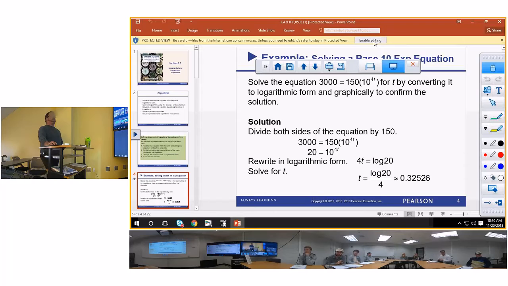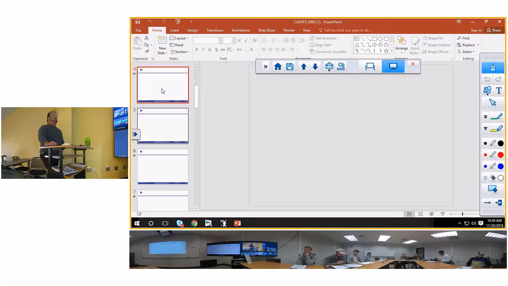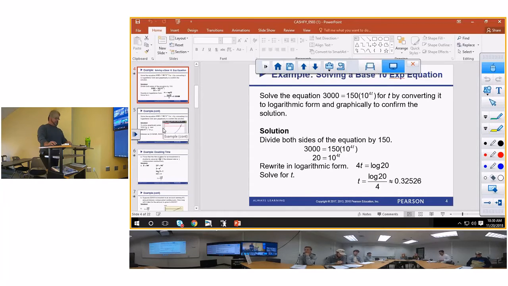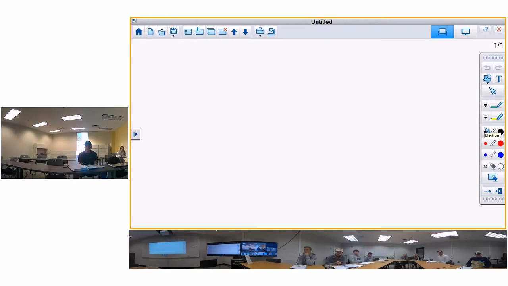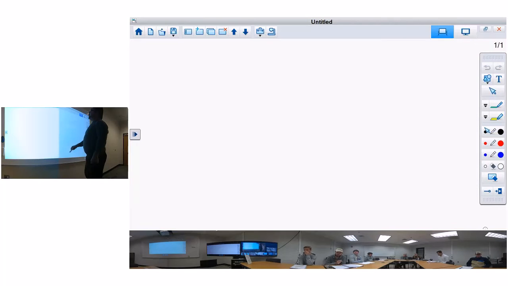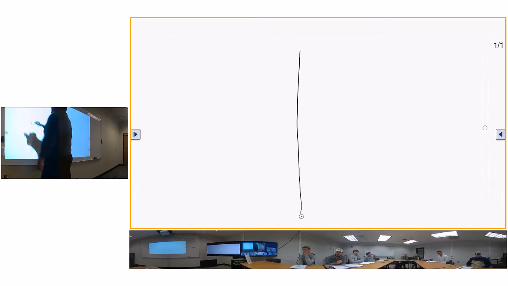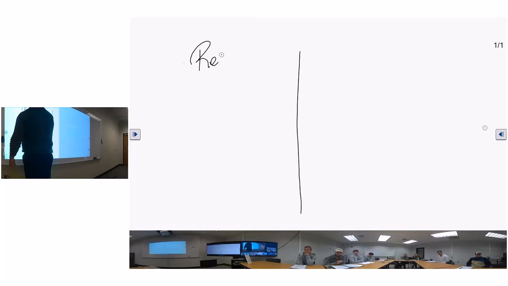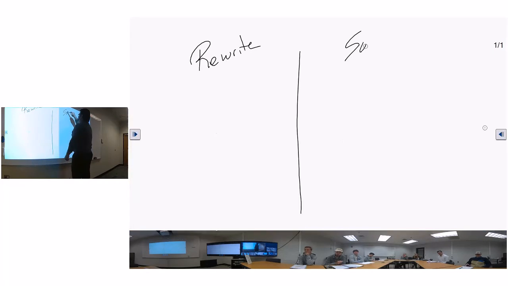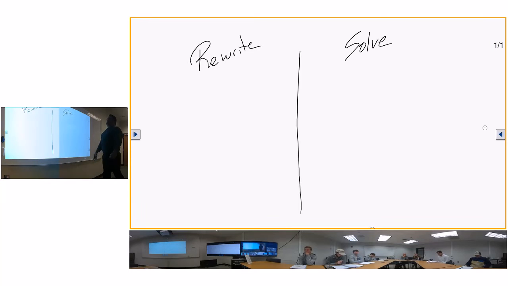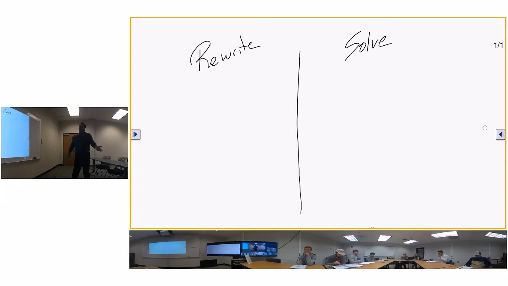That's good. I'm glad. Because equations, I would pretty much say, let me go to the whiteboard, that when you're talking about the logarithm test, you basically got 2 types of questions. You've got the rewrite, and then you've got the solve. The rewrites are the ones we just did.